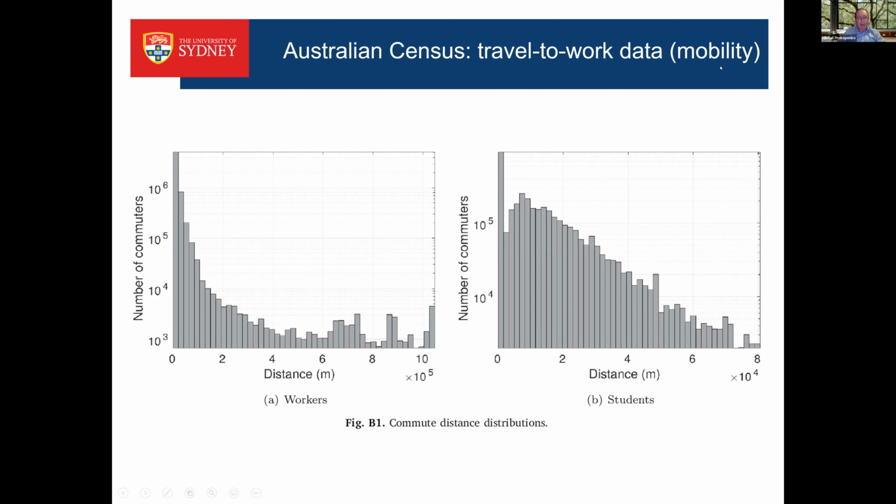That's what we call mobility. Maybe it's not the best name to call travel to work data because we don't model infections on transport, but it helps connect different areas, including long distance. And so the disease could jump from one place to another, which is very important.